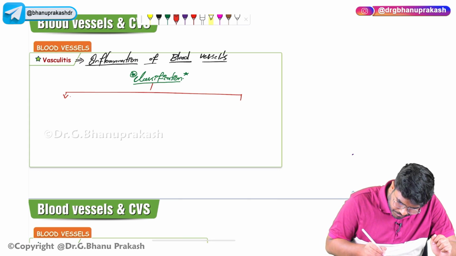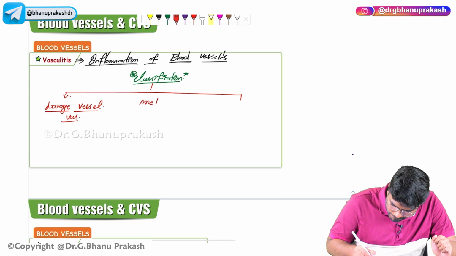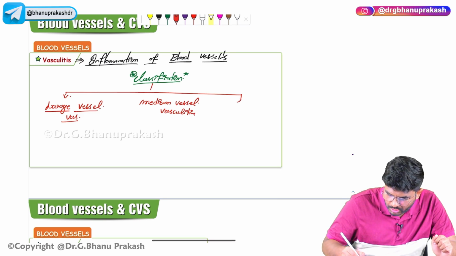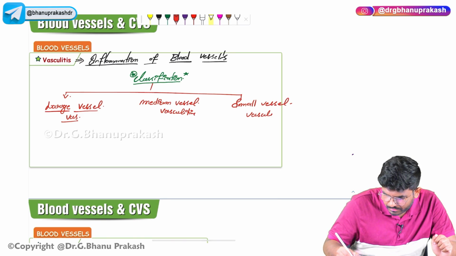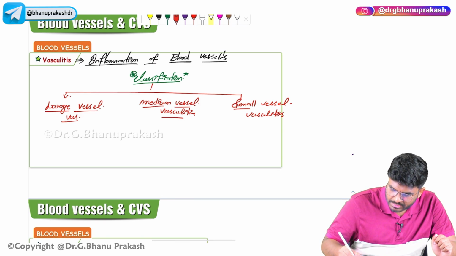What are they? Large vessel vasculitis, medium vessel vasculitis, and small vessel vasculitis.